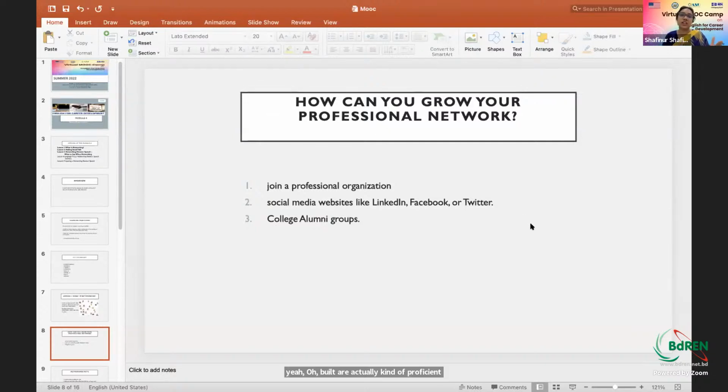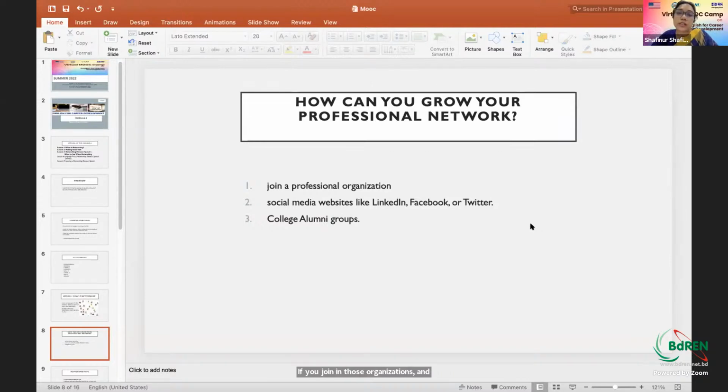Just like that, there are other professional organizations for other professions as well. You can join those organizations. You can talk to the people who are working on some projects, and there you can also show your interest in working on those projects, and that actually helps you if you join those organizations.